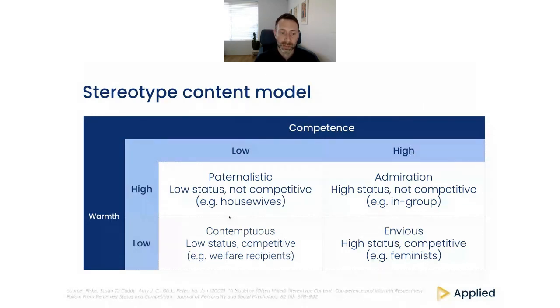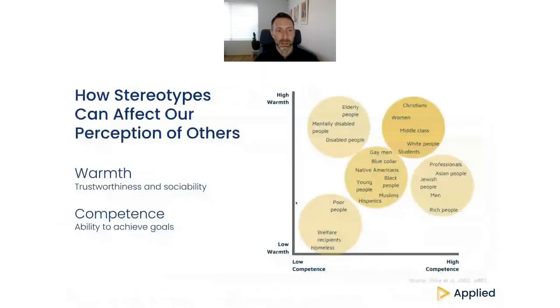And what's interesting is the groups that were high in warmth and high in competence tended to be the in-group groups, and they're the groups that the participants were members of or very close to, which is something that we all do. Whereas other groups that we didn't know that well or had to rely on stereotypes for ranked in different places. And here is one of the charts from that study.